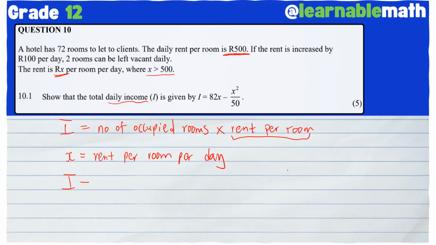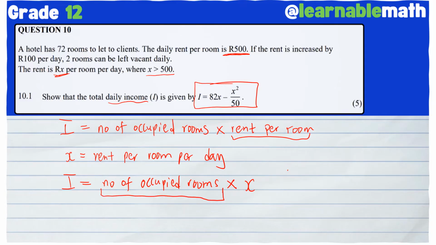So our income will be the number of occupied rooms multiplied by x. To finally show that the income will be 82x minus x squared over 50, we do need to go and check what is the mathematical expression for the number of occupied rooms.